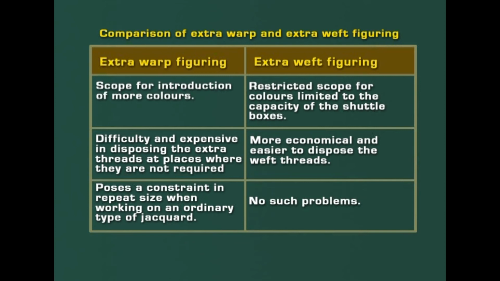It is definitely expensive to dispose of the back yarns that are floating in case of warp, so that is a complicated process in warp figuring, whereas in weft figuring it is more economical and easier to dispose of these weft threads. Warp figuring also poses a constraint in repeat size when working on an ordinary type of jacquard loom, but in weft figuring no such problems exist.